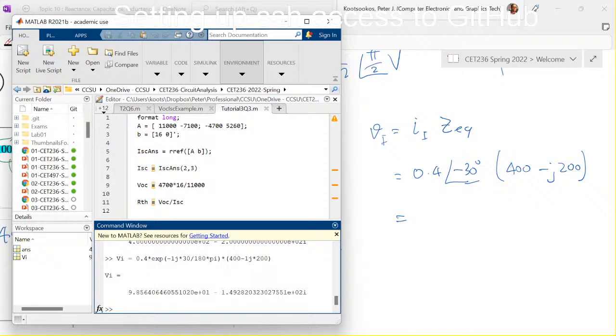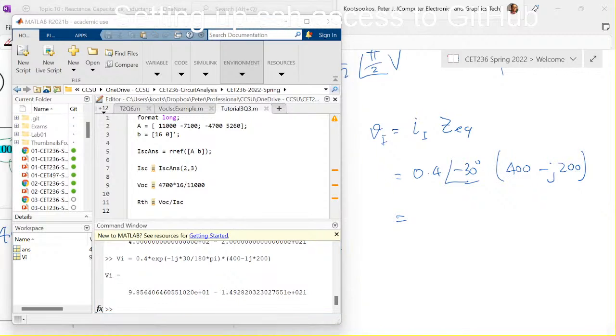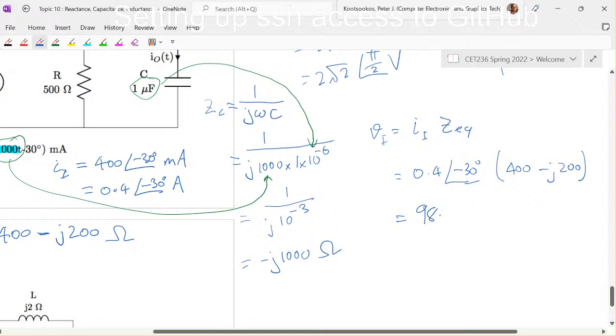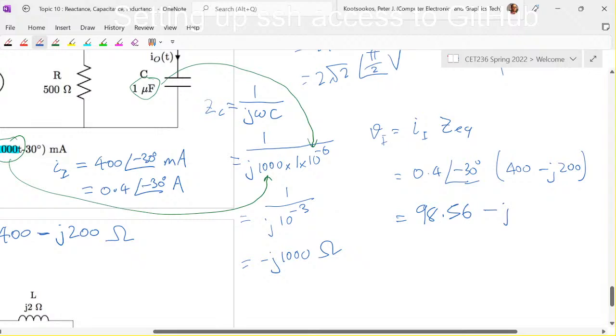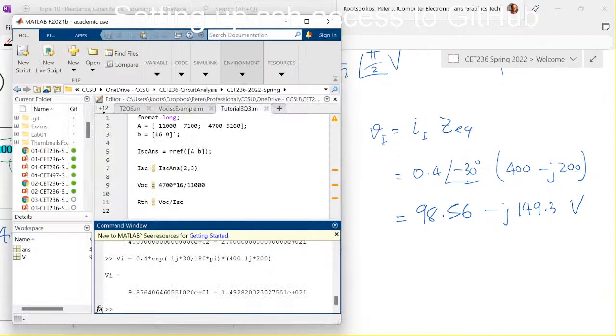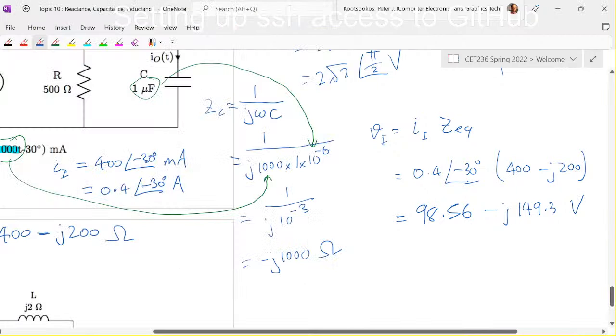Okay, so what's that? That is 98.56 minus J 149.3. Okay, we're still not quite there yet.